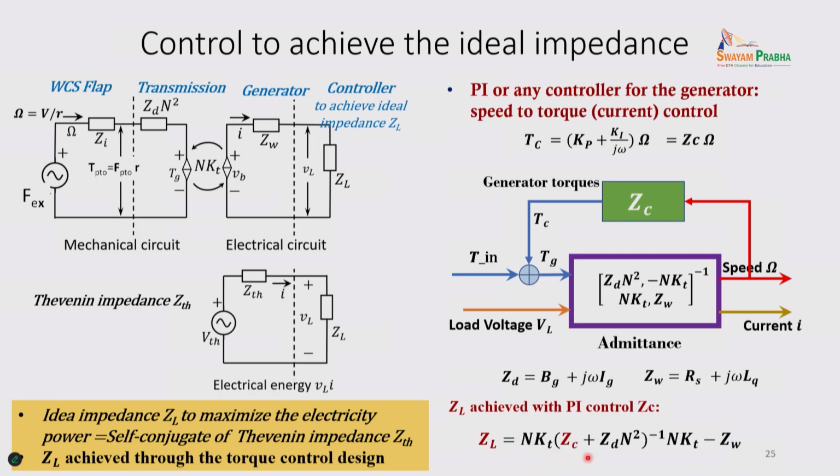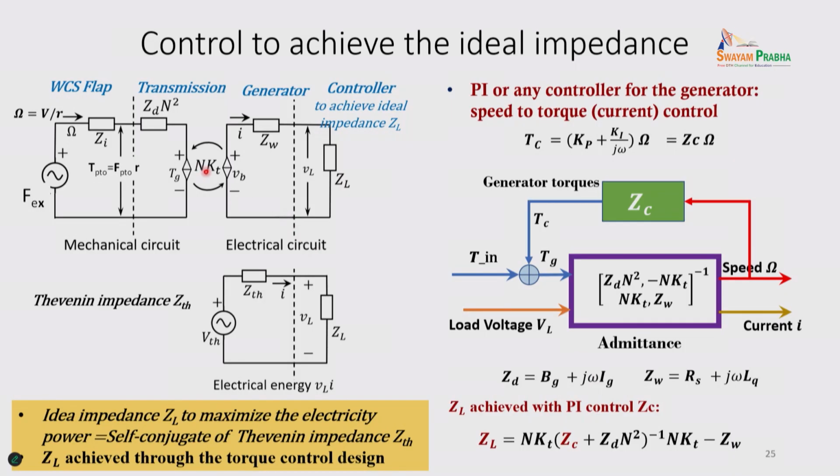Basically, you control the motor: measure speed, control the torque or current, achieve the ideal electric impedance. So that is to show how the impedance is controlled with motor torque control.